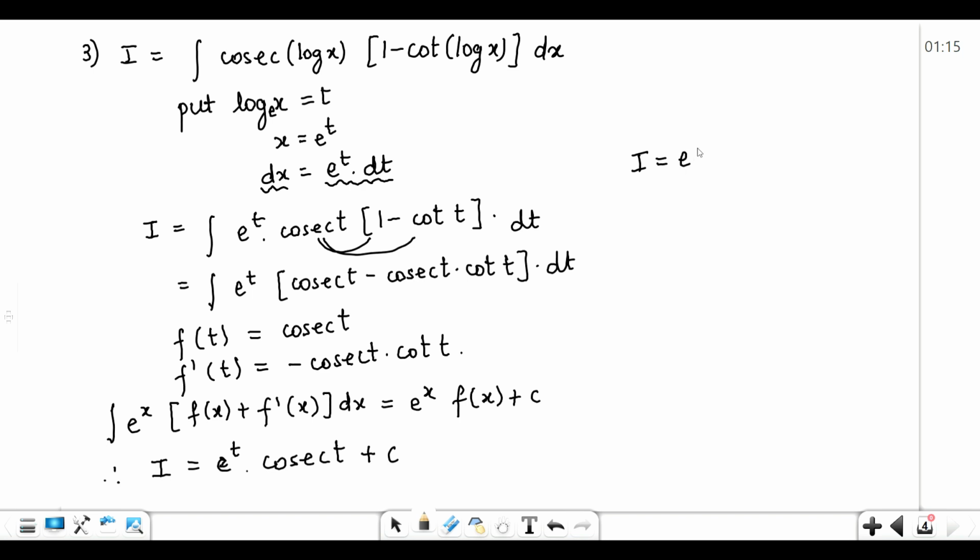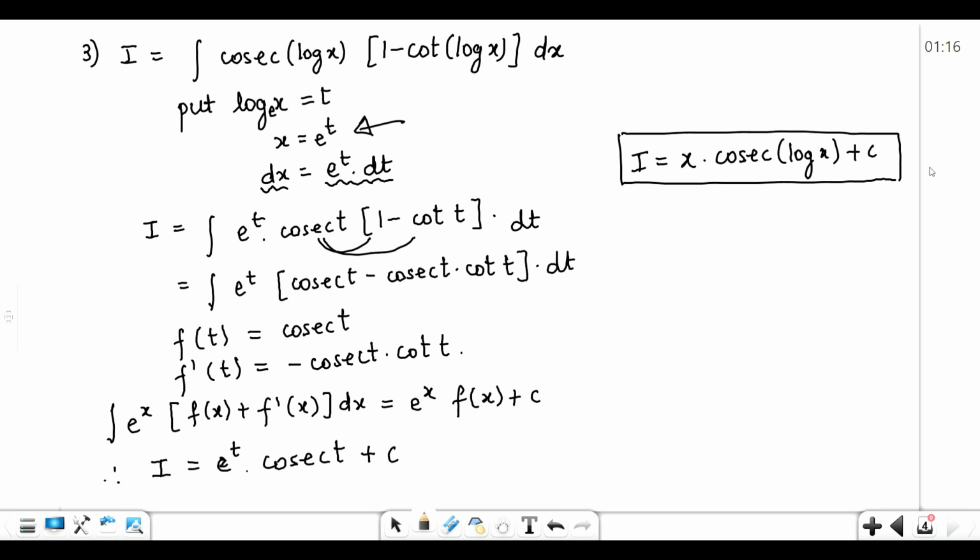If we can see here, e raised to t can be directly written as x, from the substitution part, so directly I'll write here x, and instead of cosec t I will write cosec of log x, plus c. So this is the final answer that we got.